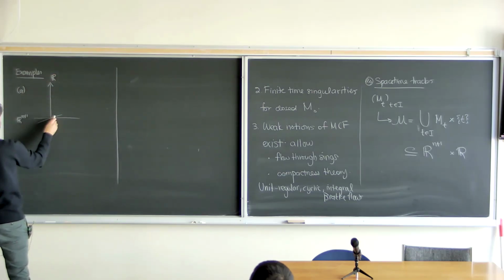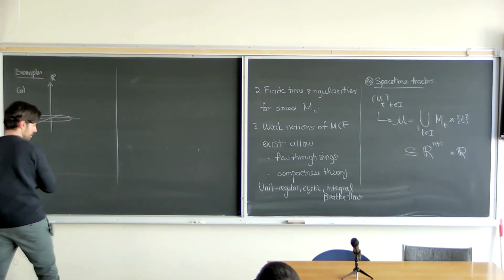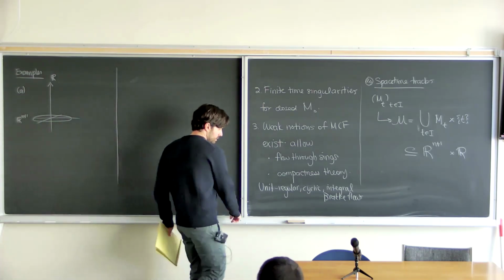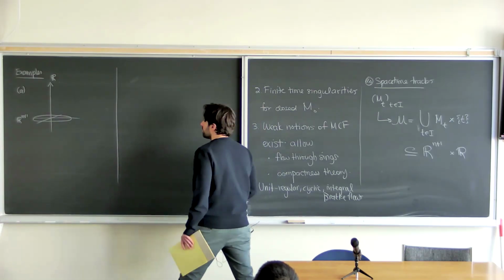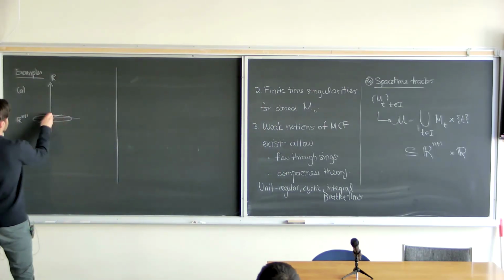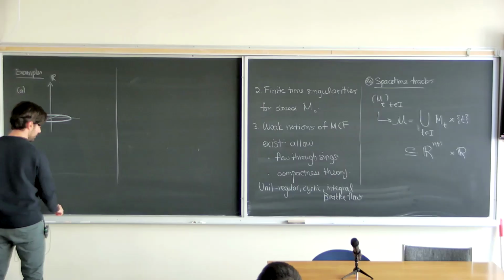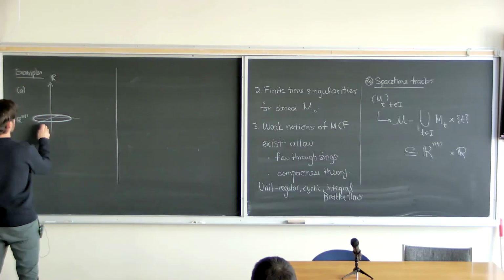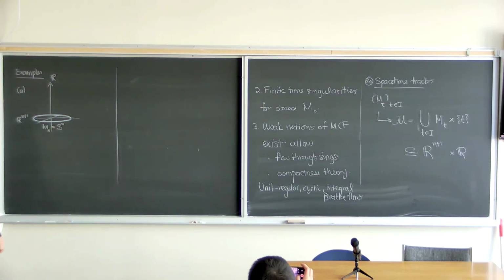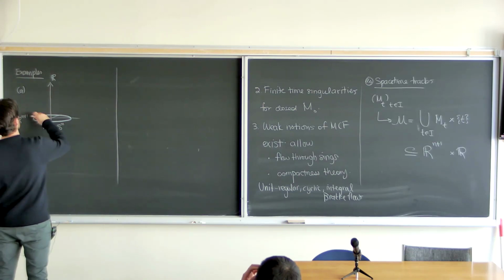And let's say your initial condition is just a sphere of radius 1. So if your initial condition here is the unit sphere in R^(n+1), then you can keep track via the ODE of how these things evolve. And you can see that it actually forms a paraboloid if you stack them all on top of each other.